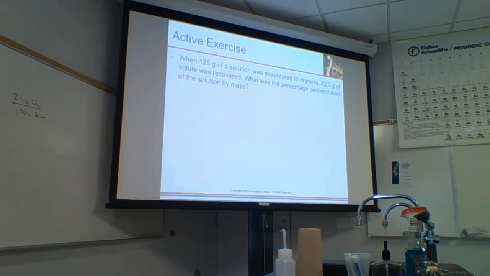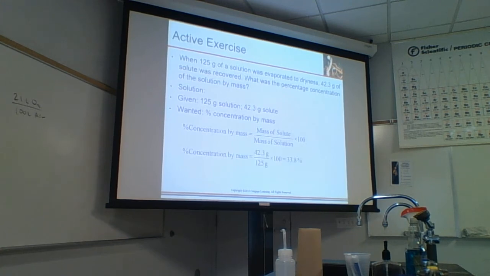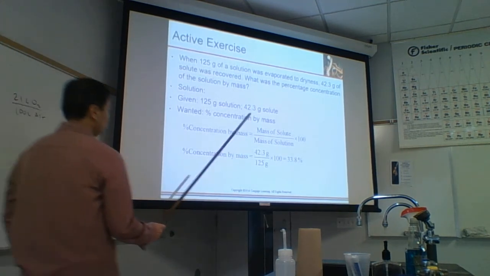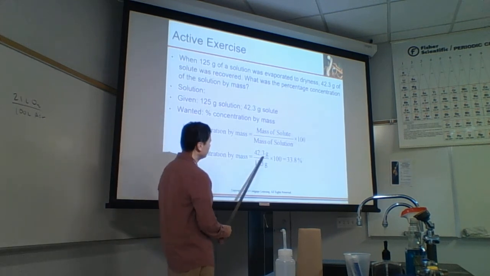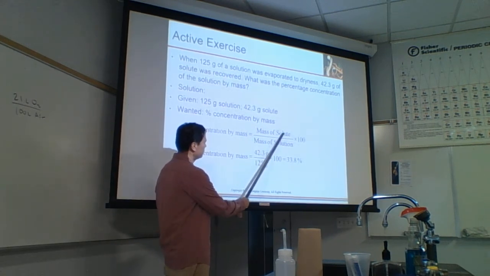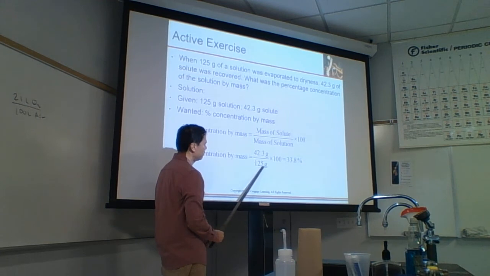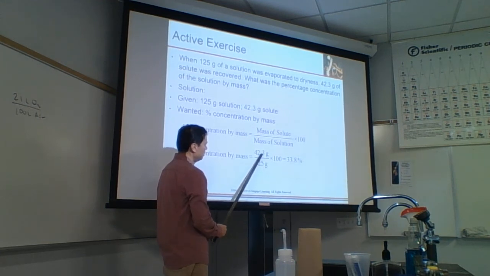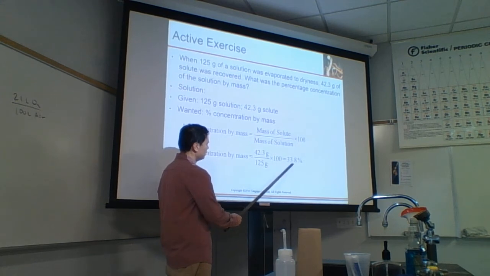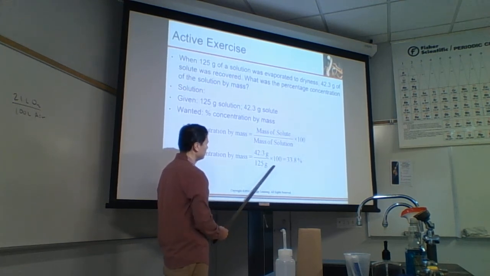There's only one component, the solute. We don't know what that solute is. It could be a mix of salts. But overall, there's 42.3 grams of whatever solutes are dissolved in 125 grams total. So we'll take that divided by that times 100%, which gives us 33.8%.